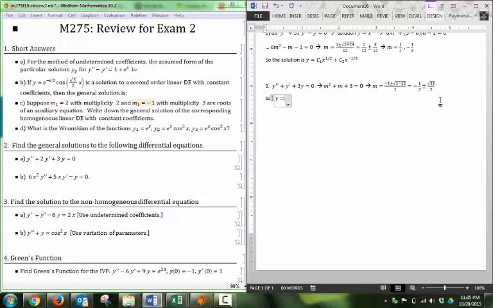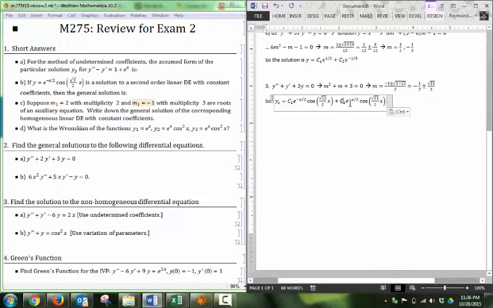Y is going to equal, let's call it y sub c, and this is equal to c1 times e raised to the negative 1 half x, or let's just call it negative x over 2, times cosine of, and then this will have a square root of 11 over 2 times x, and then we'll have the exact same thing except with a sine.